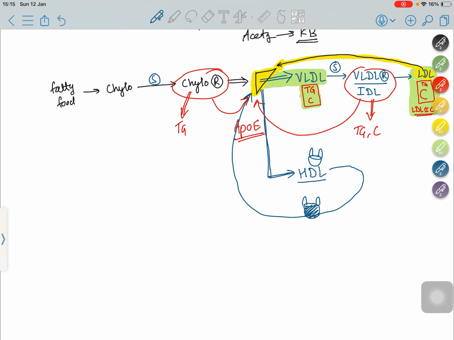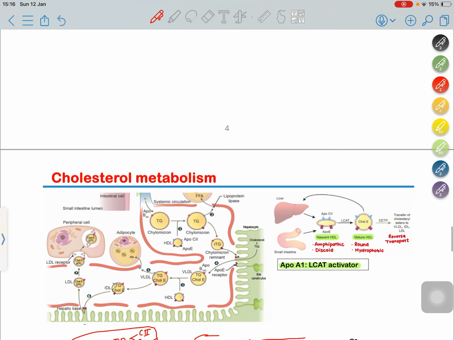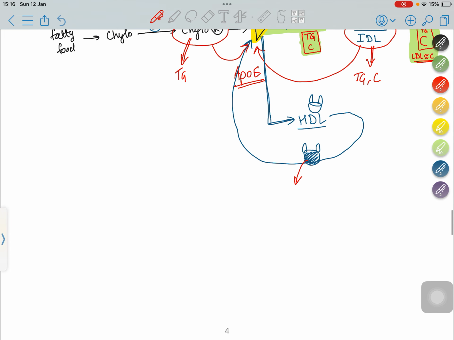But in between, suppose HDL meets a VLDL or LDL, and they ask, please give me some amount of cholesterol. Then it can give some amount of cholesterol to LDL, but for that it would need an enzyme known as CETP.